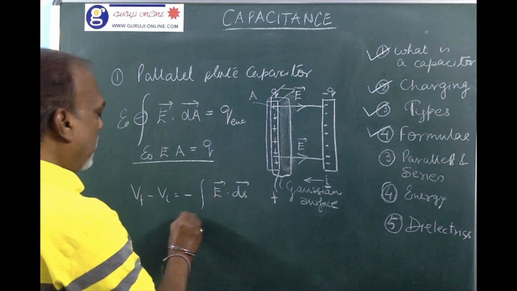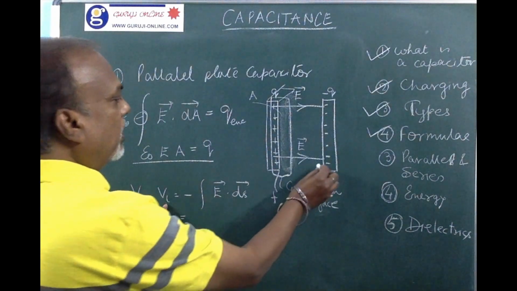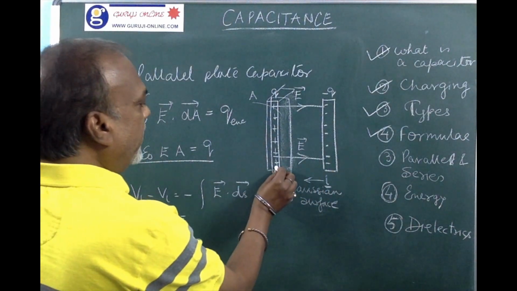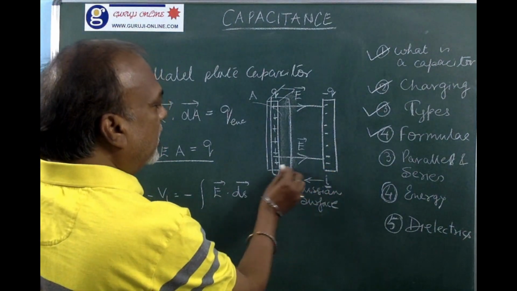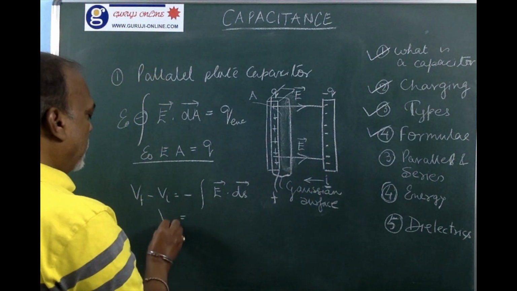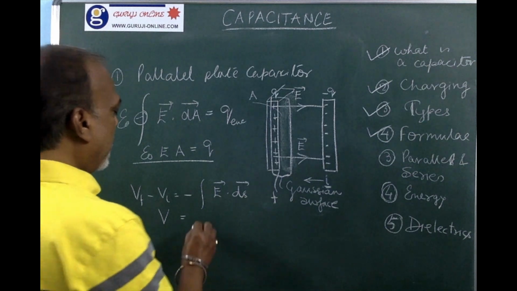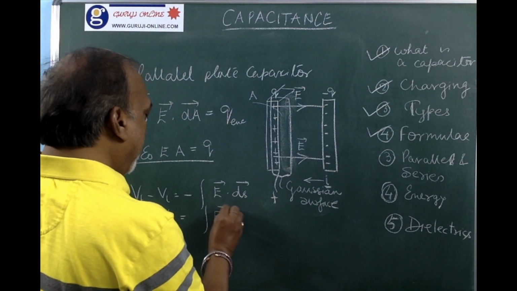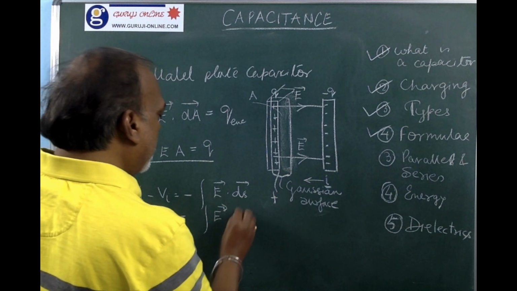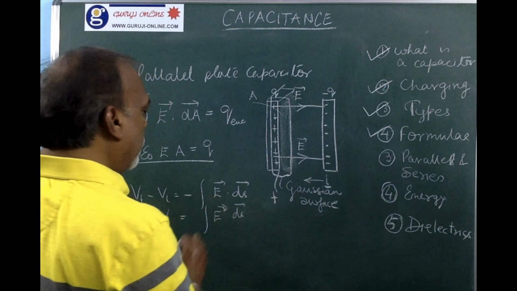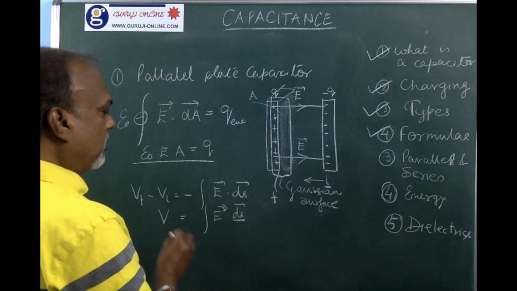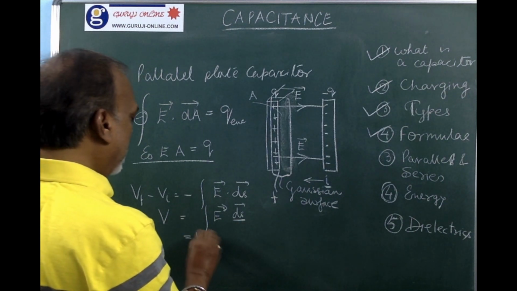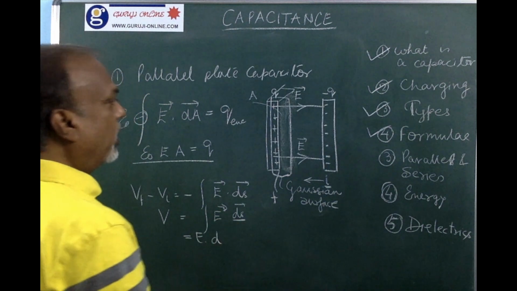So, and what about Vi? This Vf will be at higher potential, this will be at lower potential. So this difference, suppose if it is V, then this will become E positive, and if we integrate it, then it will be nothing but E into D. What is D?